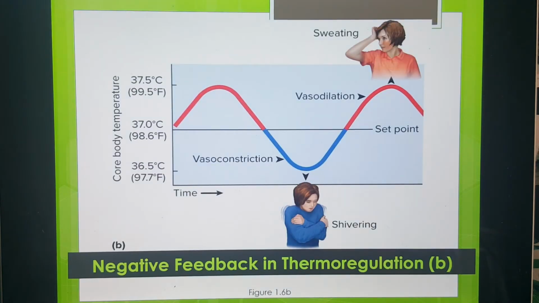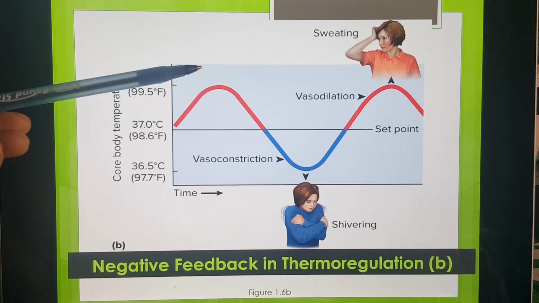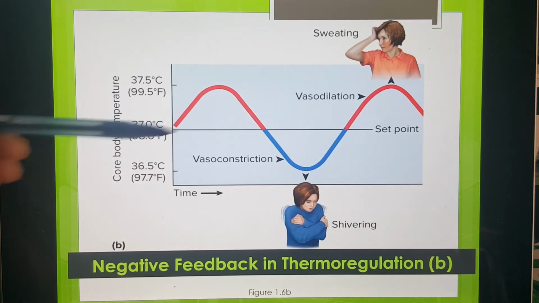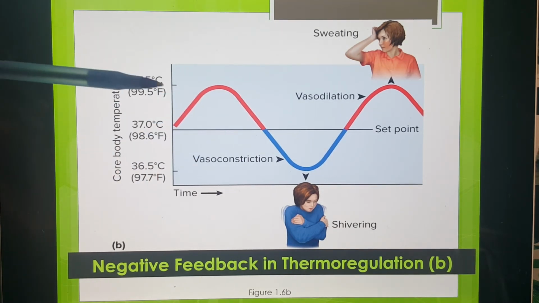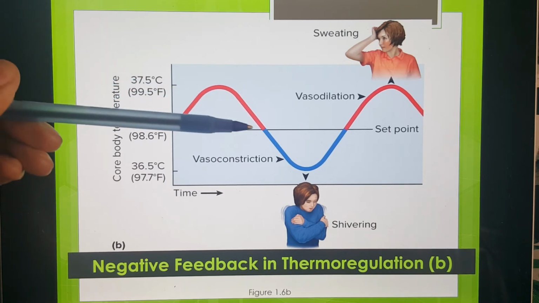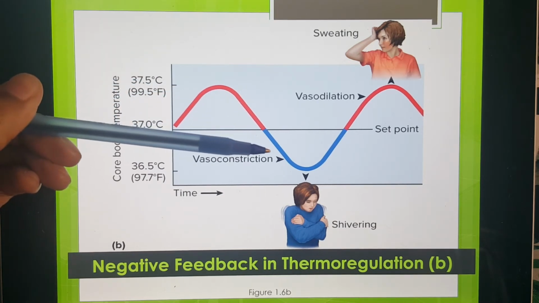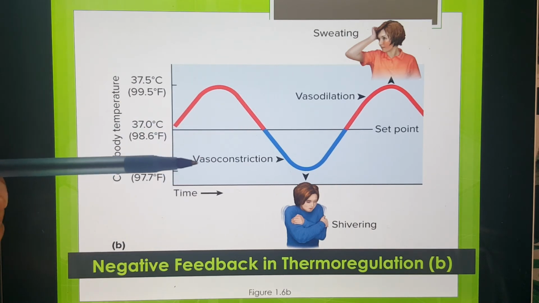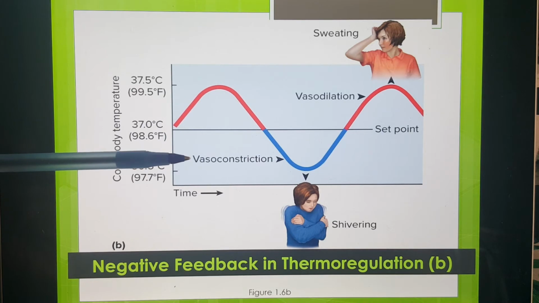So let's look at temperature. Here we have 98.6 degrees Fahrenheit or 37 degrees Celsius. That's our normal body temperature. Normally our body temperature does fluctuate, so it doesn't stay at exactly 98.6 degrees. But let's say our body temperature is dropping, getting too cold. Ways we can fix that: our negating action in this case would be vasoconstriction.